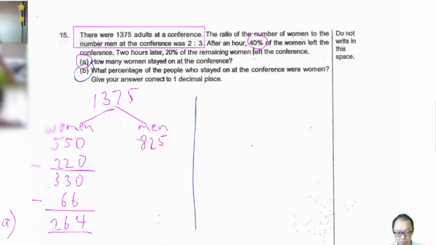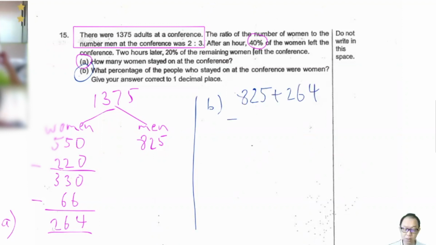So for part B, the total, right? What's the total number of people now? We got 825 plus 264, which is 1089.